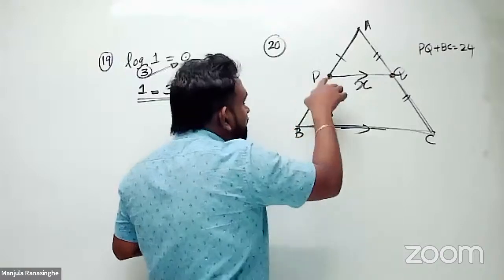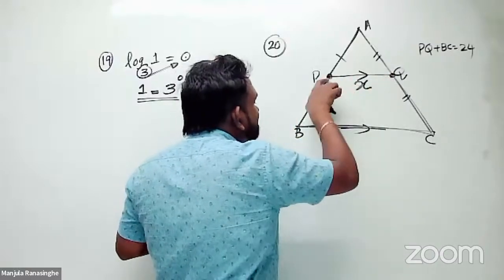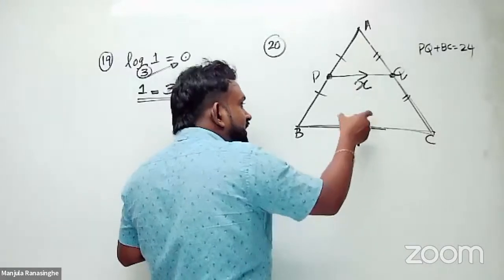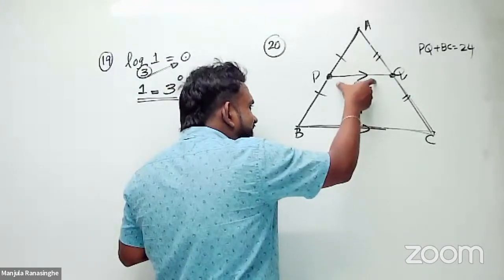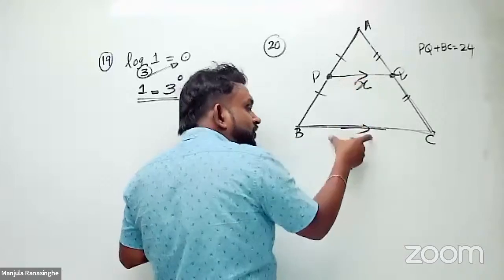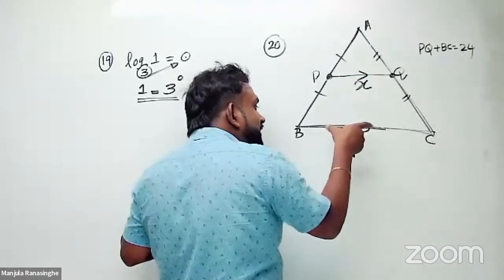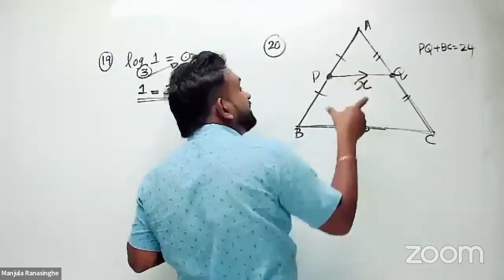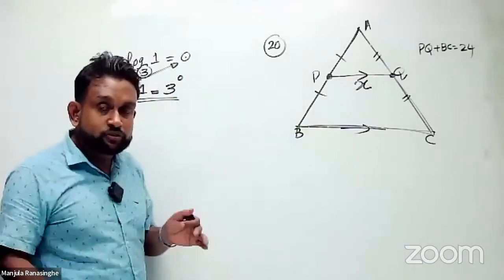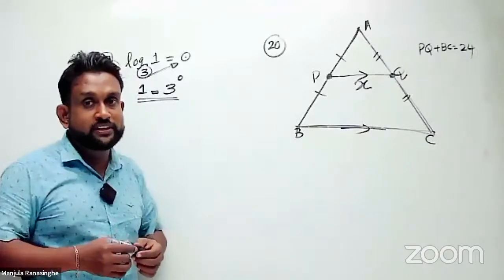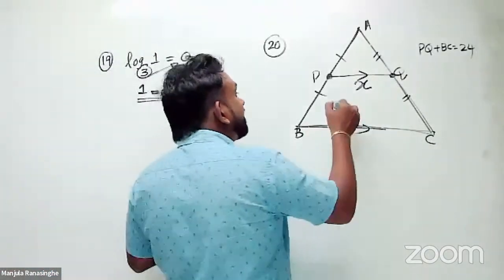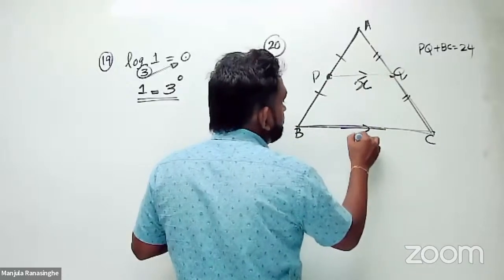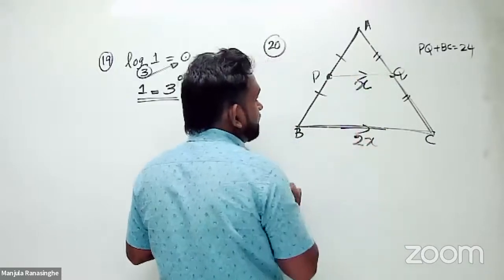If two midpoints are connected, this line is parallel to the third side, and that side length is twice of it. The other way, PQ is half of BC. That is the two outcomes of the midpoint theorem. So if I take this side as x, then BC is twice that, 2x.